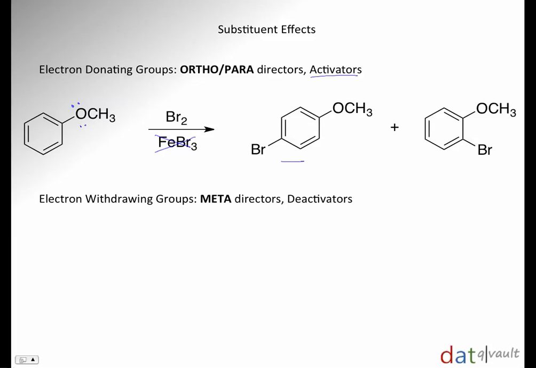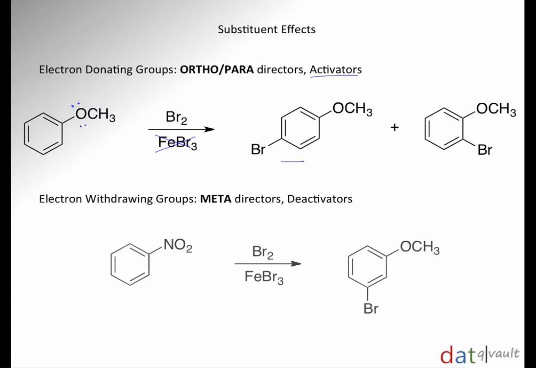The second group of substituents that affect substitution and rate of reaction are known as electron withdrawing groups. These groups are meta-directors, and they are also deactivators of the aromatic ring, so they make the reaction go much slower compared to just a benzene molecule. An example of an electron withdrawing group is a nitro group.